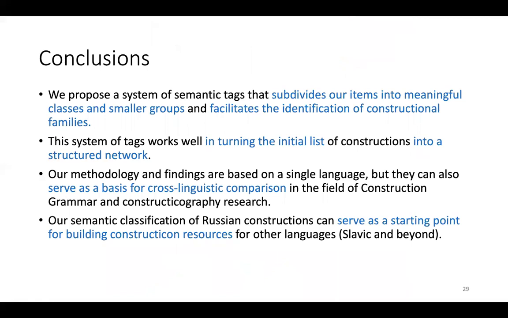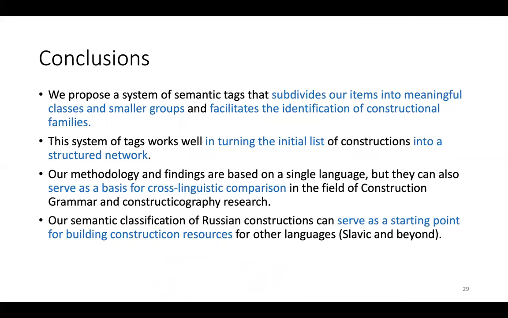Conclusions. Our main point is that we propose a system of semantic tags based on grammatical classification. And the tags we used to subdivide our data, our constructions into classes, and identify constructional families are mostly grammatical. We have seen that these tags helped us to turn an initially unsystematic list of constructions into a structured network.